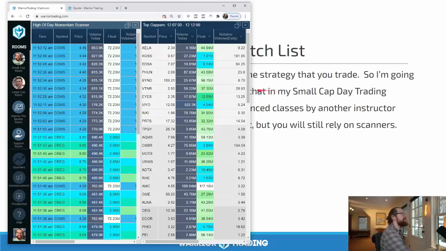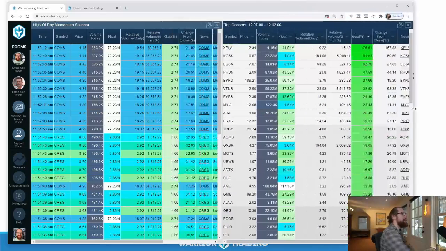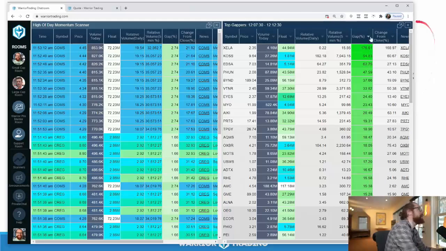I usually like to see that the stock I'm considering trading is one of the leading gappers in the market, because while this software is something that we built, it's also true that traders all around the world use these top lists built into their brokerage platforms, which show them the leading gappers each day. So for that reason, I usually want to focus on the stocks at the top, because those are the stocks that will be the most obvious.